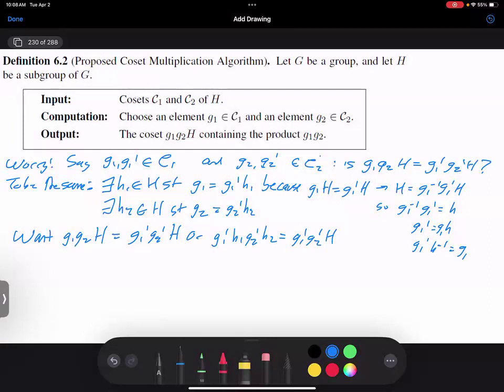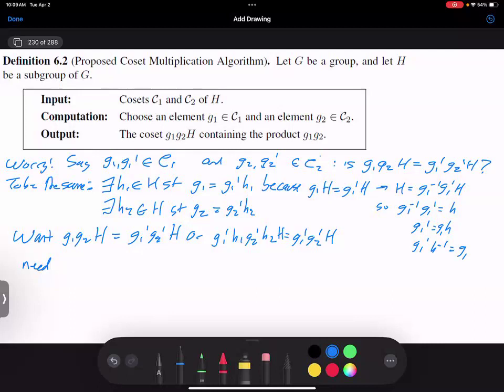So if I want these two products to be the same, what must be true? So what's the only way that these two cosets can be the same? I want G1 prime H1, G2 prime H2 big H equals G1 prime, G2 prime H. What must be true if these two cosets are the same? Well, we don't have H1 and H2 next to each other.